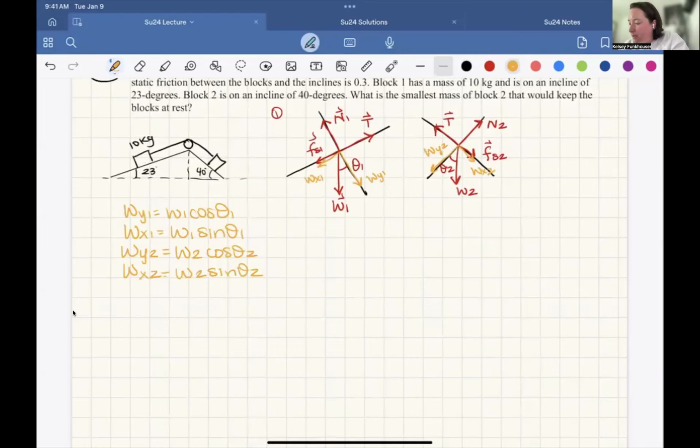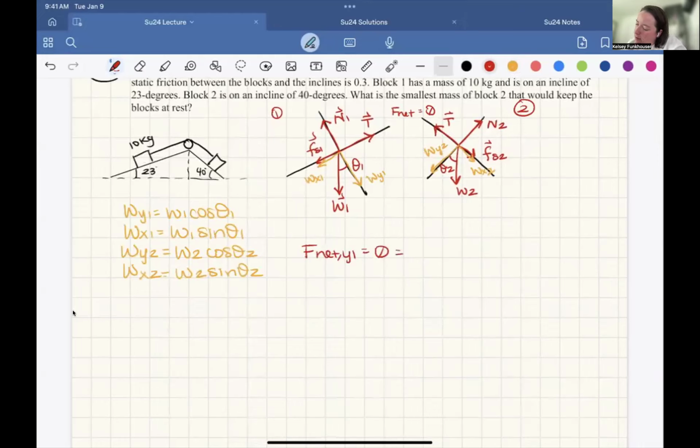Let's write our force equations. We'll start with block 1. And oh, I should write this actually. The net force for both of these is 0. We're looking for the smallest weight of block 2 or the smallest mass of block 2 that makes the net force 0. So net force in y for block 1 is 0.